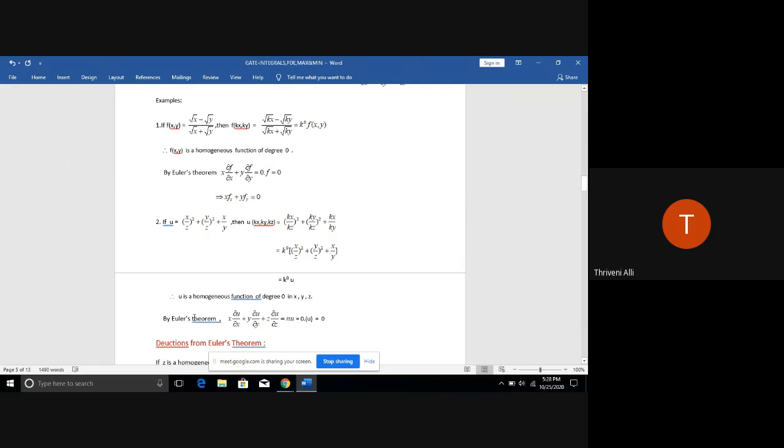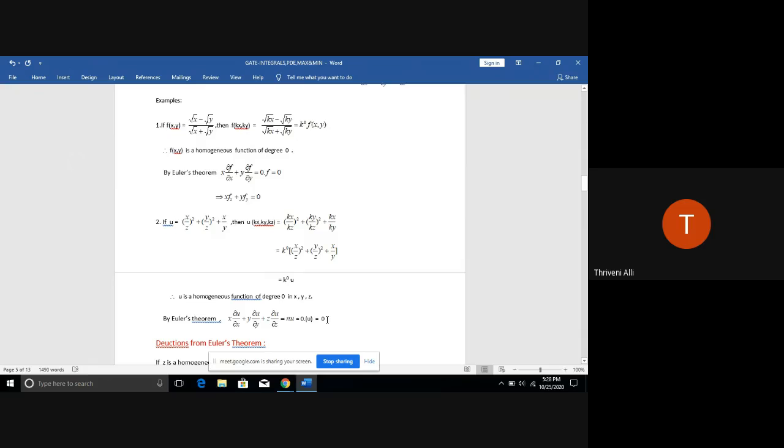So by Euler's theorem, x ∂u/∂x + y ∂u/∂y + z ∂u/∂z = nu. So what is n here? 0. 0 into u is 0.